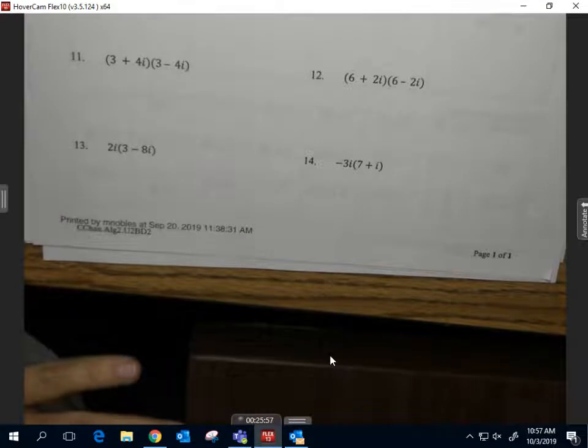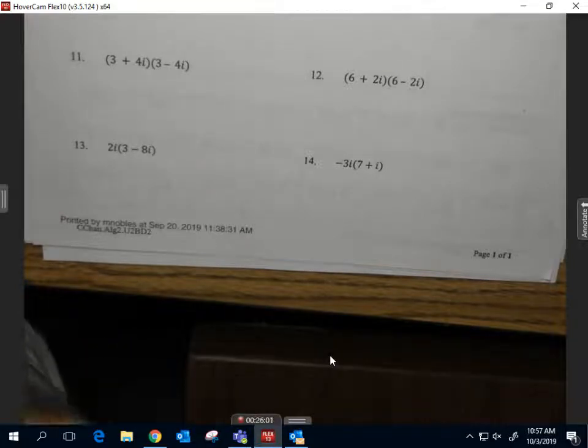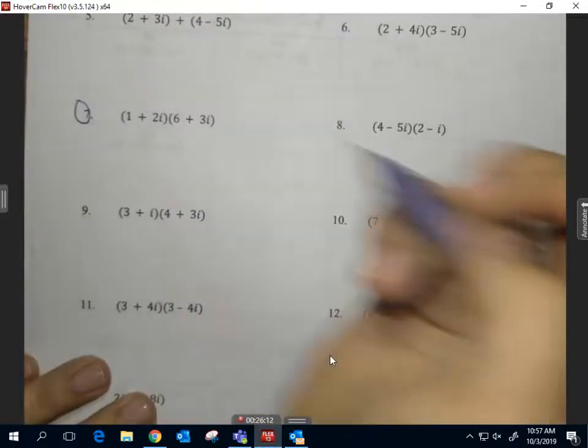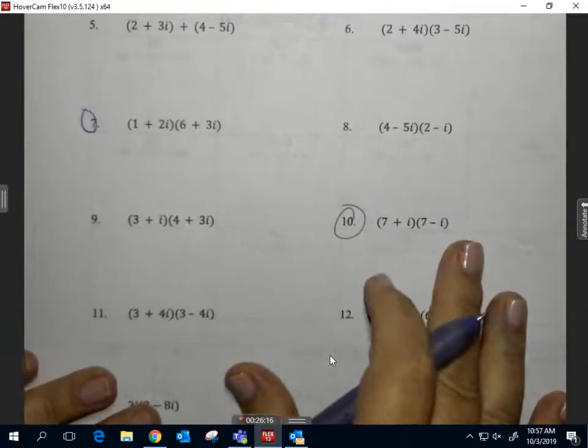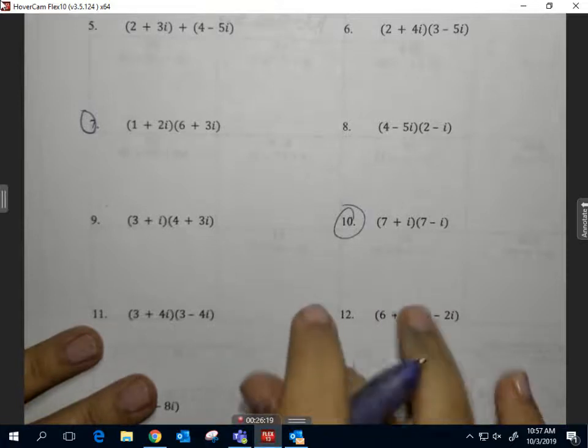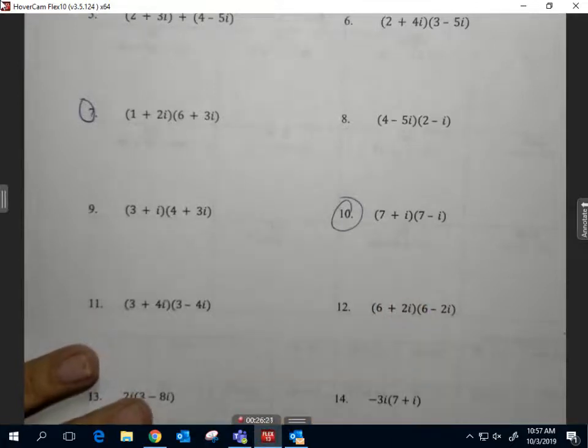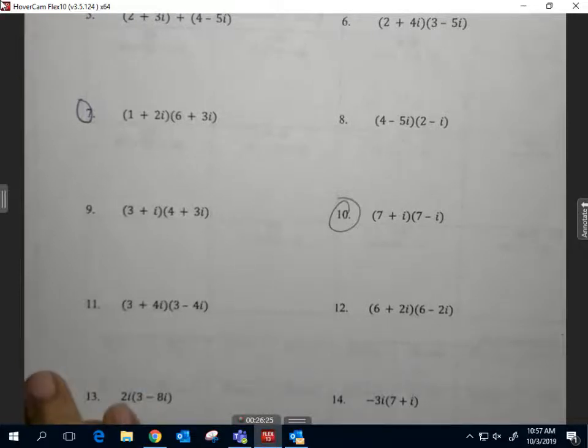So let's look at the assignments. We're going to look at number 7 and number 10. On the homework project? Uh-huh. Yeah, we're on the next page, on the back of the first, where it says complex numbers at the top. Oh, I thought you were talking about from yesterday.